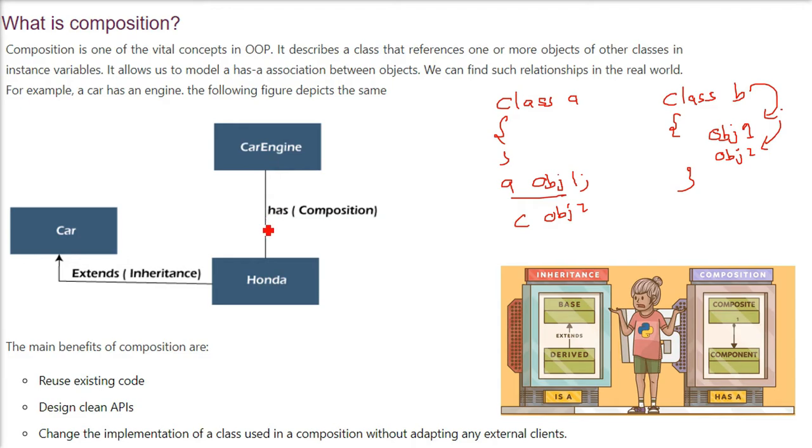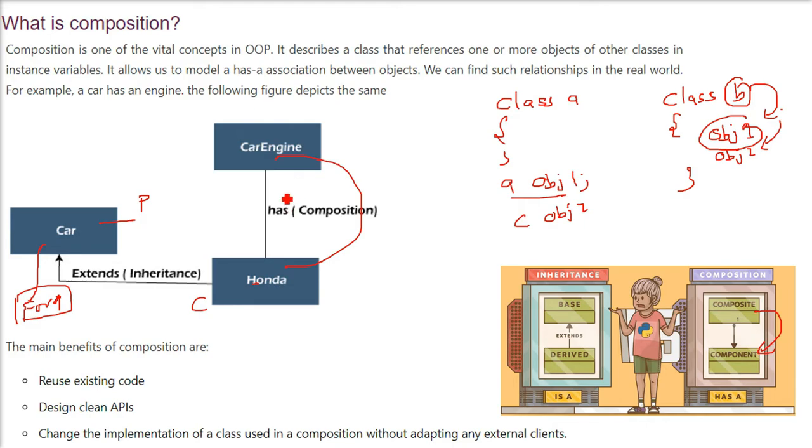See, a Honda has a car engine. Inheritance is also important here, and composition is also important here, because when you are extending, a car can be a Honda, a car can be a Ford. So Honda is extending car, or you can say Honda is derived from car. But a has-a relationship, or composition relationship, is all about referring to the objects of another class and putting them inside your class as variable data members.